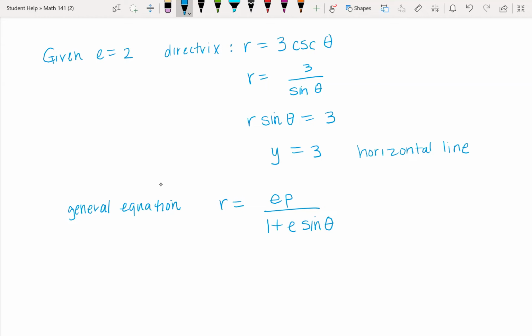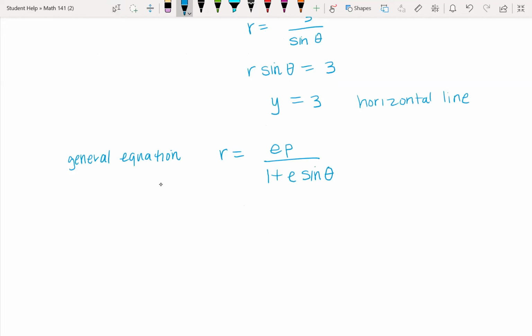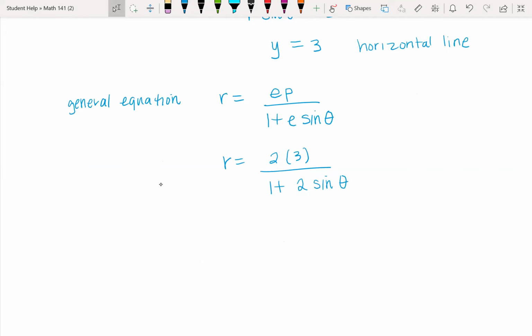We know that p is going to be 3 because that's how far the directrix is away. So r is going to be e, they gave us as 2, 2 times 3 over 1 plus 2 sine theta. So our final answer will be 6 over 1 plus 2 sine theta.